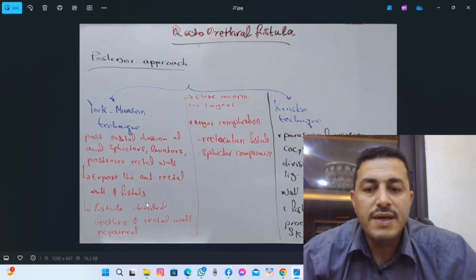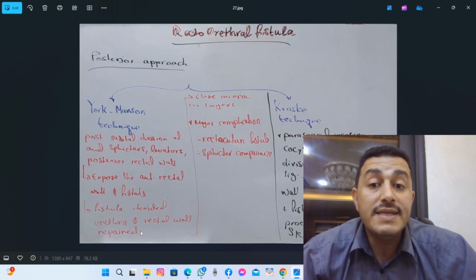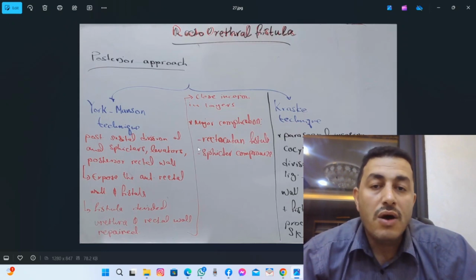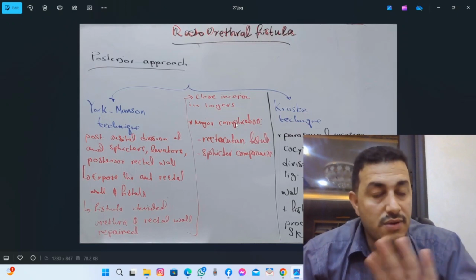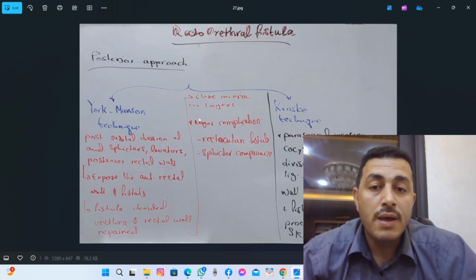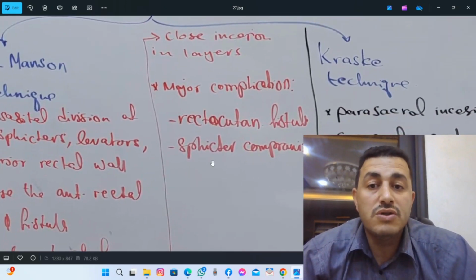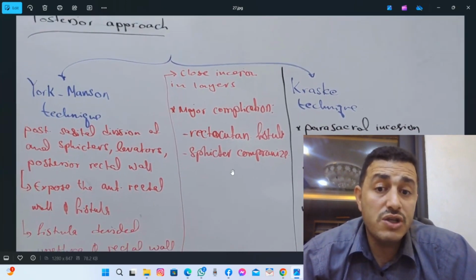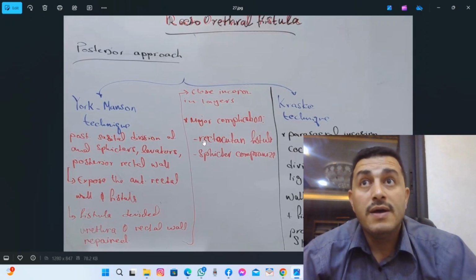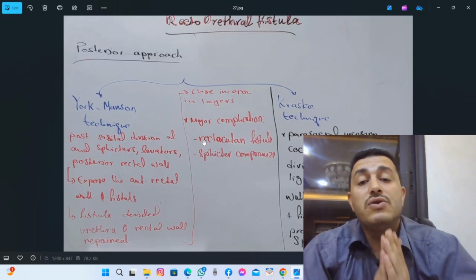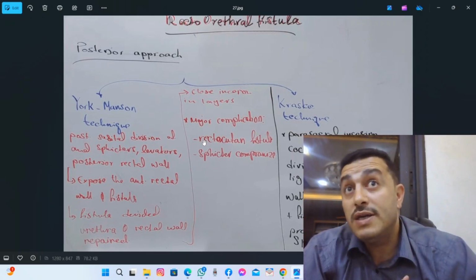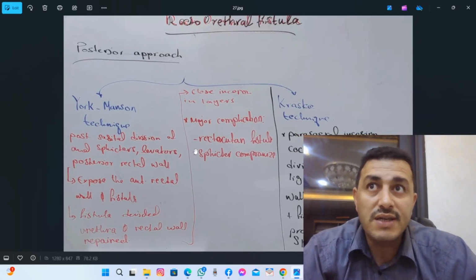The fistula then is divided, the urethra and rectal wall is repaired, and of course we close it in a layer. Here is a sphincter, so I think this should be done by an experienced colorectal surgeon. And of the major complications, of course, we have an incision in the posterior rectum, so rectocutaneous fistula and sphincter compromise, and incontinence can present.